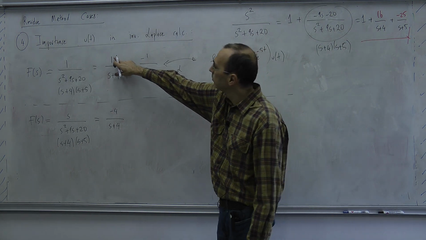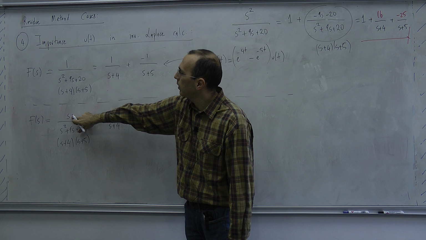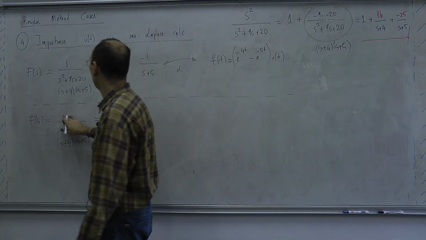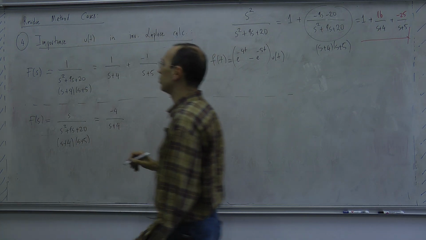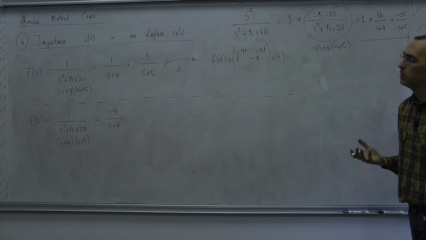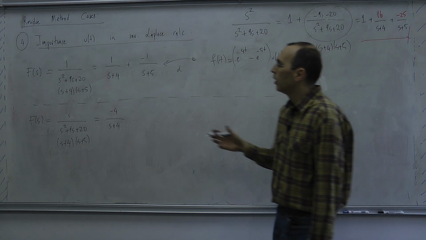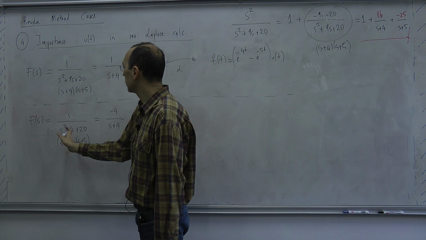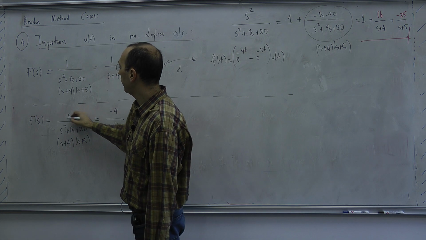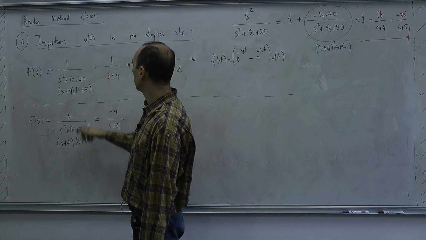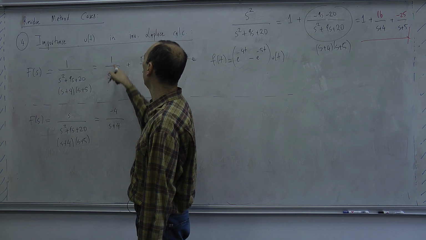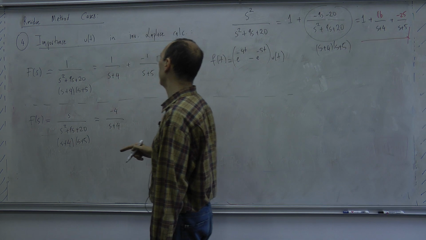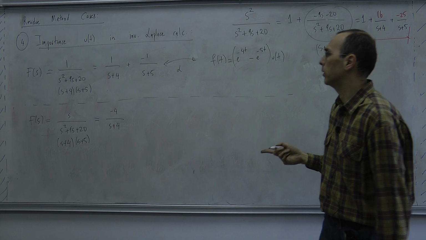But if this is 1, if I have an additional term s on the numerator, after this procedure, this is again another strength of the residue method, I know that I'll be cancelling this s plus 4, but this time I have to multiply by this additional term. When substituted by minus 4, that will be giving minus 4 times whatever value this is. So I don't need to calculate it.